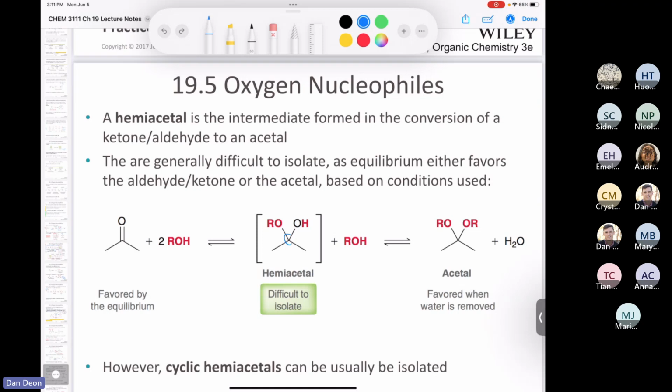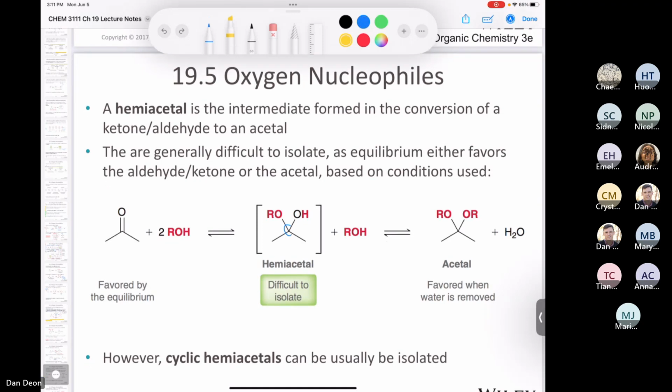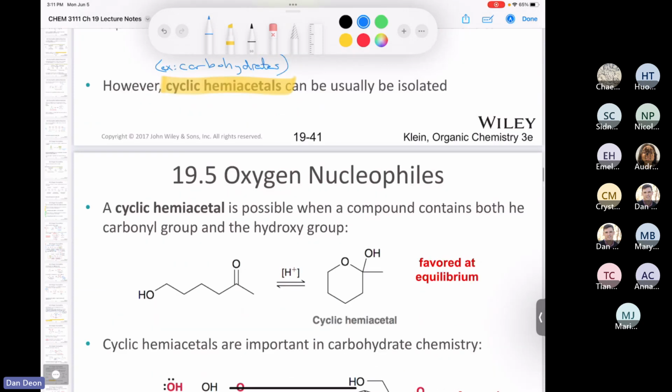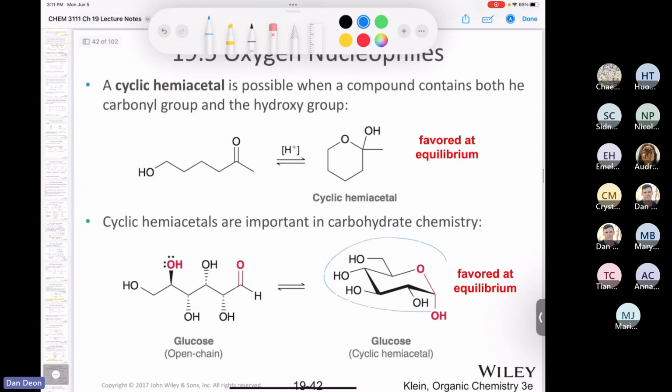A big exception to this, so it says cyclic hemiacetals can usually be isolated. The cyclic hemiacetals that would be of interest to us a lot of the times are carbohydrates. I'll just put here example, carbohydrates. So if you've studied biology and you've seen carbohydrates like this, if you've seen that form of glucose, that's a hemiacetal, believe it or not.